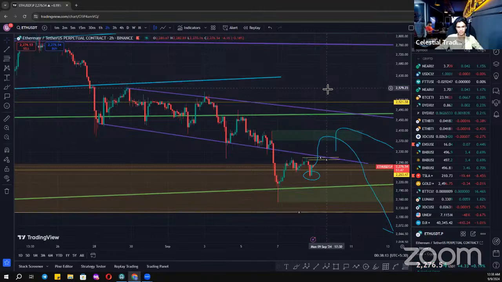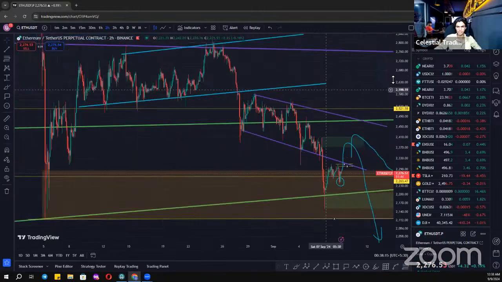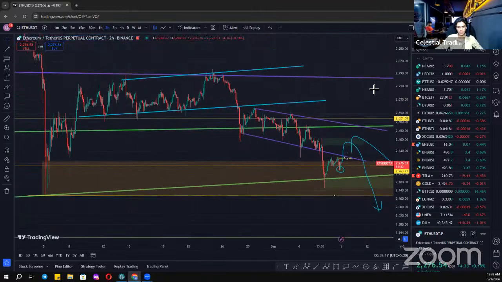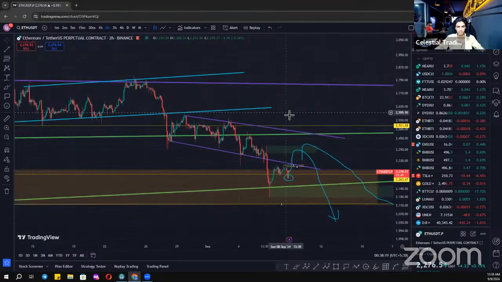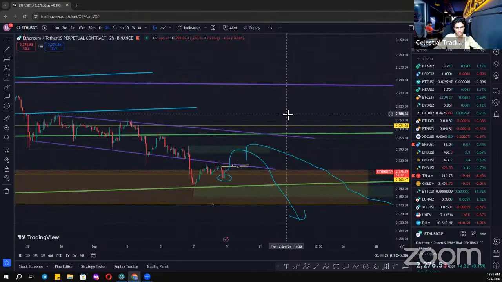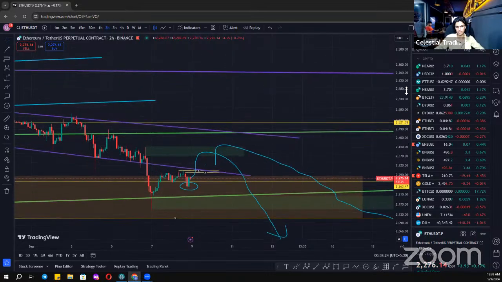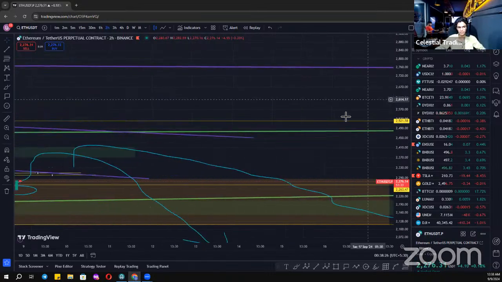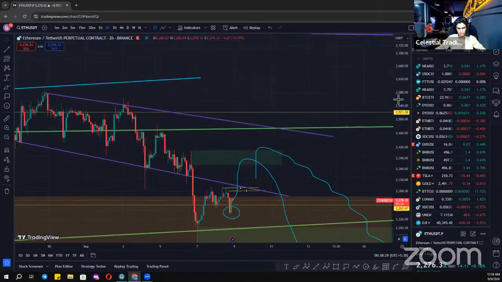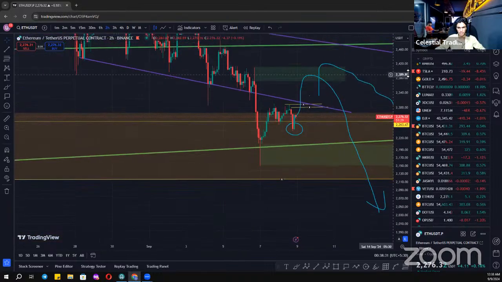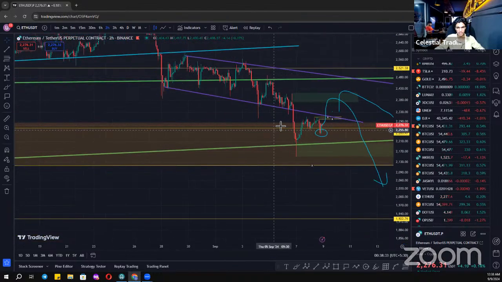So your job is to invest by analyzing properly. Okay, don't fall victim to the scams. That's all the advice I can give. And we are over with this Ethereum.